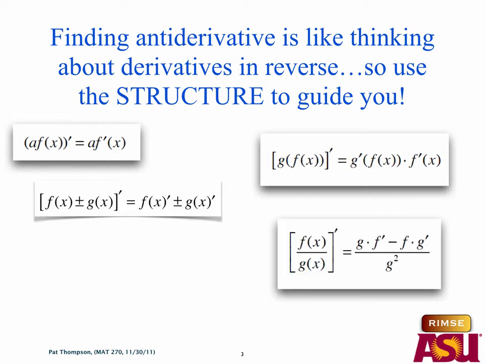Okay, so what's the one that's missing? Product rule, right? We've got everything else up here. So in the same way, if you have an integral where you've got the sum of two functions on the inside, something like the integral of 3x squared plus 2x dx, then I can find the antiderivative of this by finding the antiderivative of the pieces separately, right?